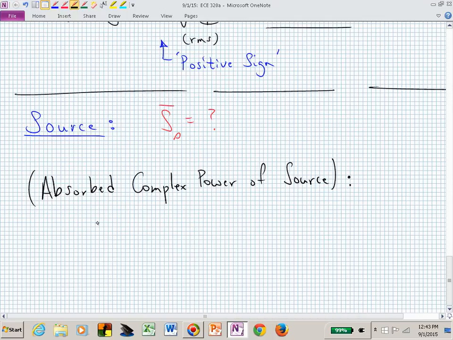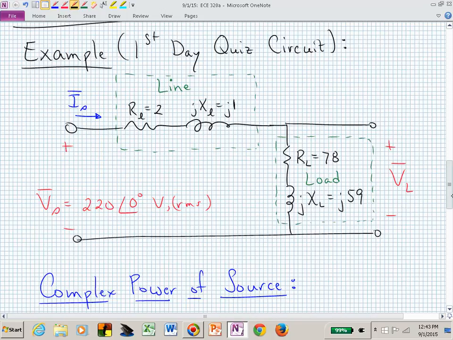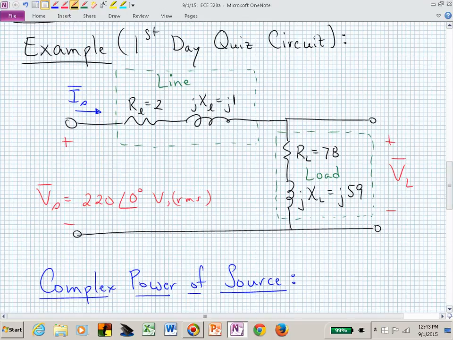I'm going to say that that's S bar sub S. And relative to this diagram that I have sketched, how do I complete the right-hand side of that formula for capital S bar sub S? Based on the passive sign convention, and I'm asking for how much power is absorbed by the source. Now I have to go and look at my voltage polarity labels and the direction of the current that I've labeled, and now answer that question.